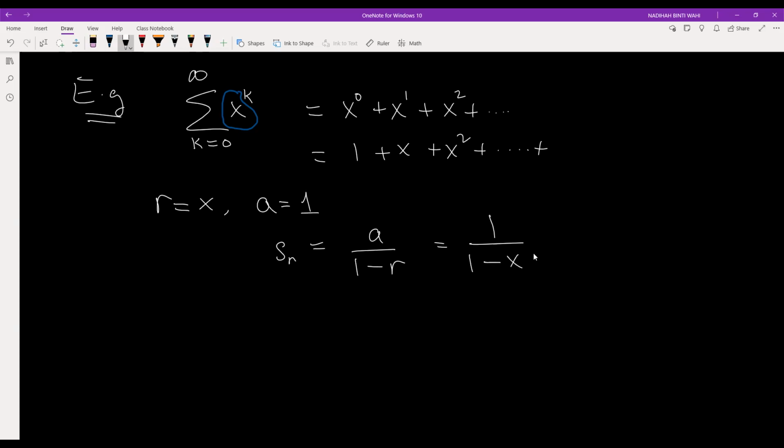In this case, you need to see what happens when x equals 1, and what happens when x is bigger than or equal to 1. If it's equal, this will diverge. So you can say that if the absolute value of x is less than 1, it will converge.